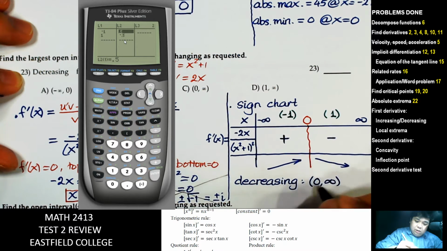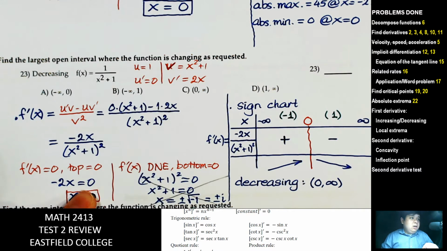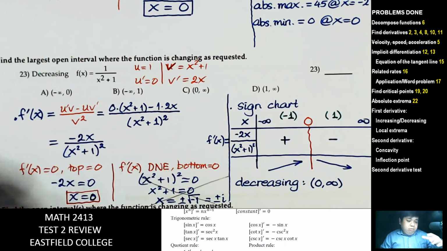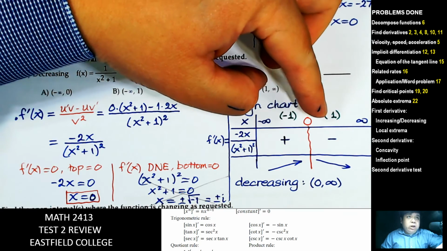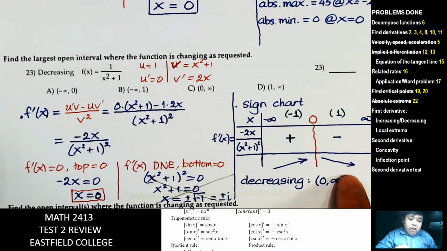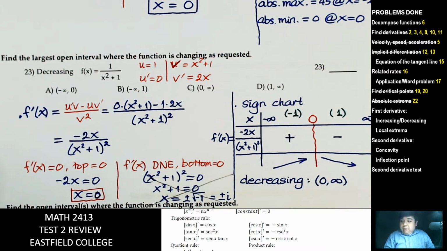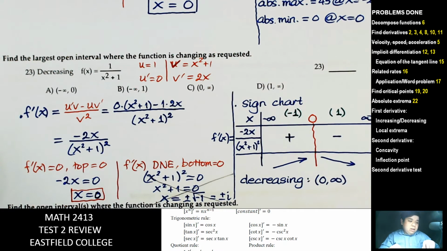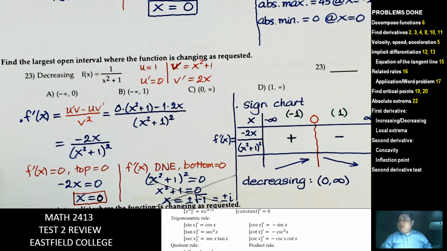So we find where the derivative equals 0 or does not exist, put those points on the number line, divide the number line, choose test points in between, and test them. Positive is increasing, negative is decreasing, and the question asks for decreasing. So it's going to be that. That was 23.